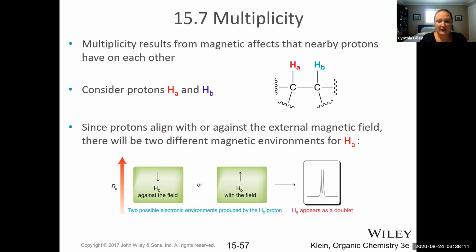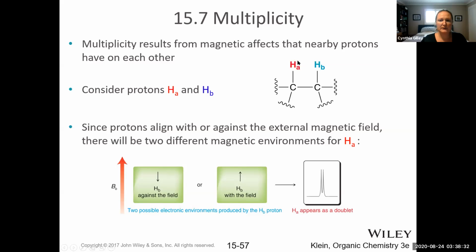when in the presence of an external magnetic field, both HA and HB will align either with or against the magnetic field, independent of one another, right? So let's think about what it would mean if HB is aligned with or aligned against the external magnetic field.